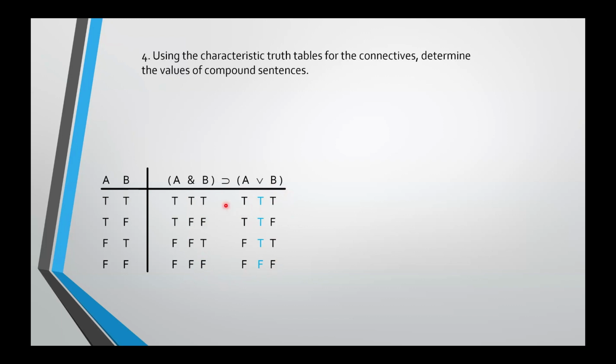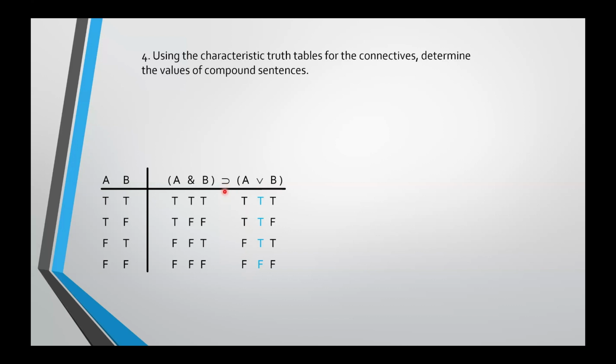The next one that we're going to need to do is this horseshoe in the middle. And this one's going to be harder because in this case, first of all, the values were just arranged in exactly the same ways in the characteristic truth tables. Second of all, the values that we were looking at, the columns that we were looking at, were right next to where we were going to be putting the values.